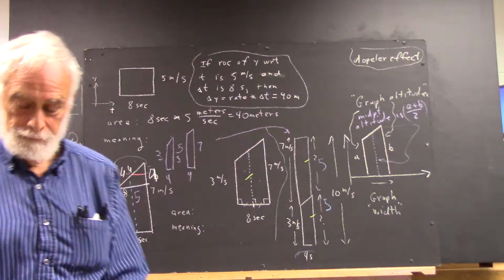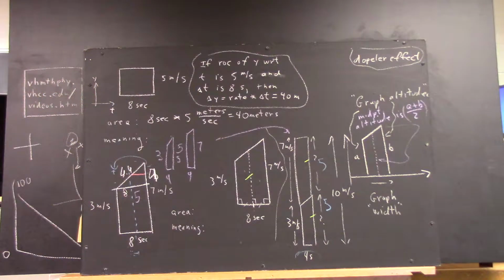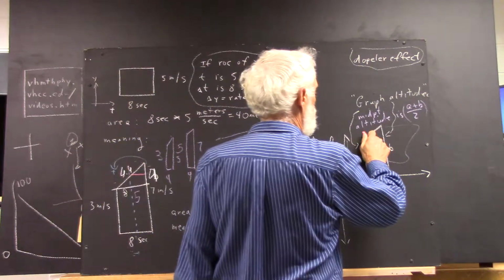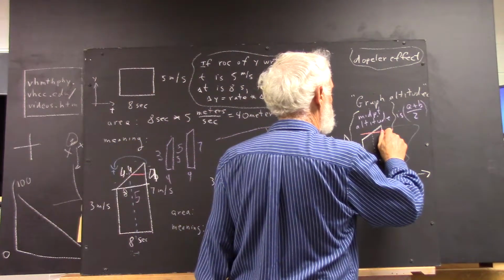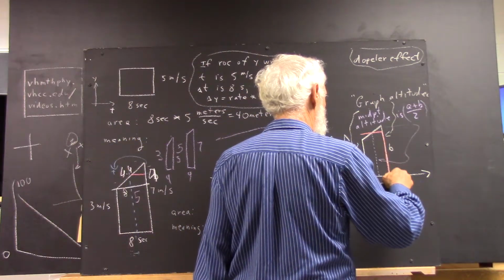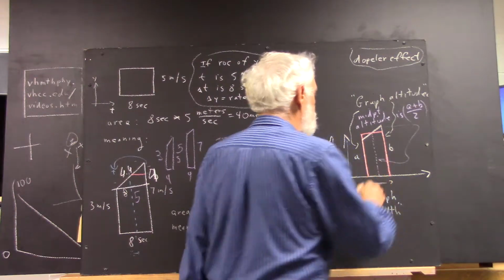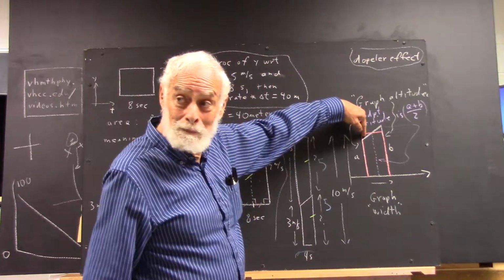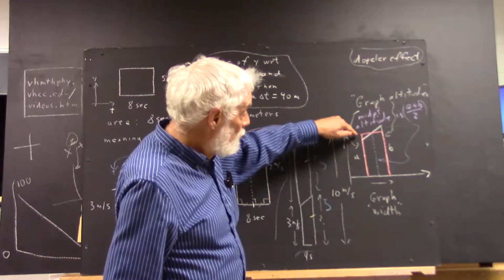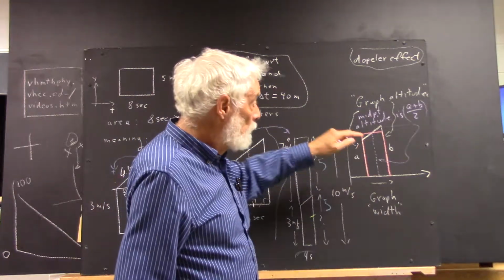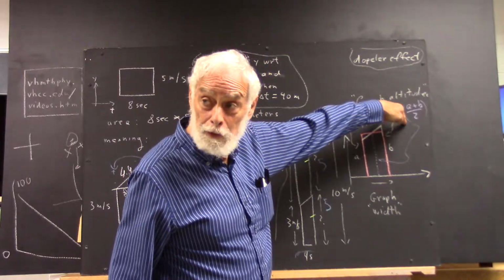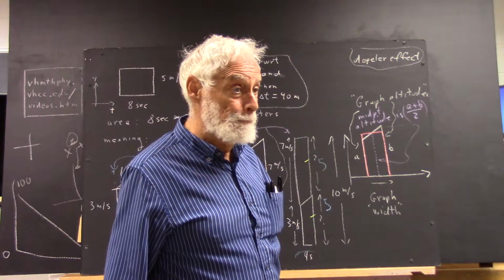And, as Andrea showed, I've got to draw it just a little differently, but it's completely equivalent. This triangle being congruent to this one tells you that this is totally equivalent to a rectangle with the same graph width and this average graph altitude, right? Everybody got that?